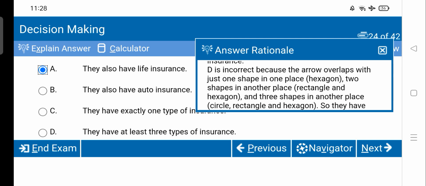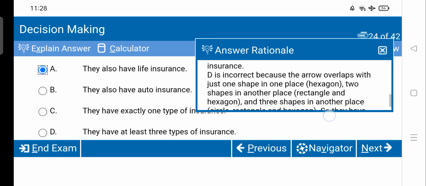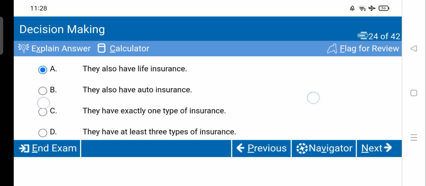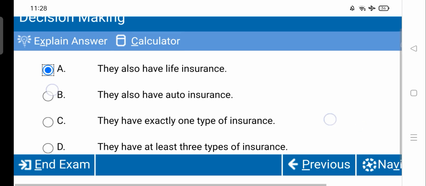So they have different numbers of insurance. That's why we can say that the other options are incorrect, and the right option is option A, that says that they also have life insurance.